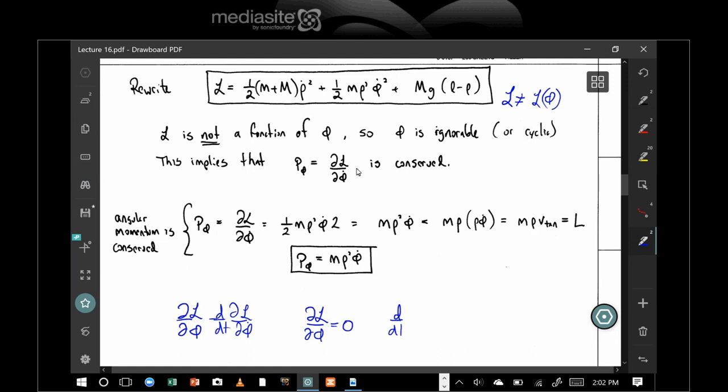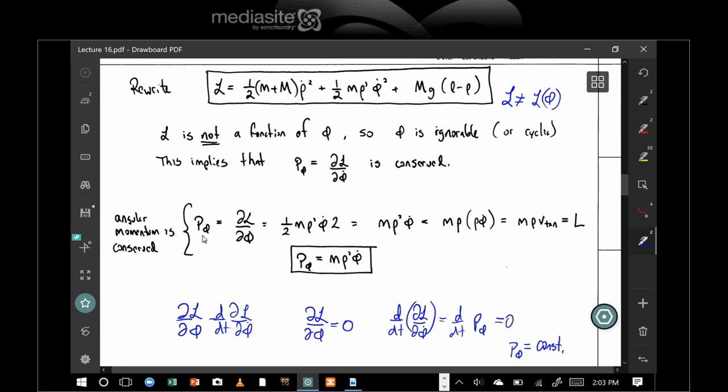That means d/dt of the partial of L with respect to phi dot, which is d/dt of p sub phi, is equal to 0. That means p sub phi, that generalized momentum, is equal to a constant.